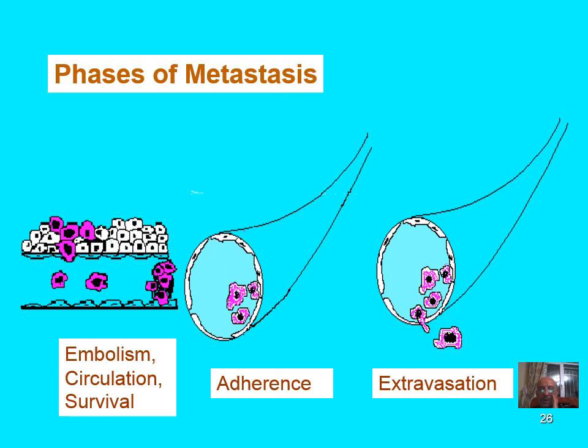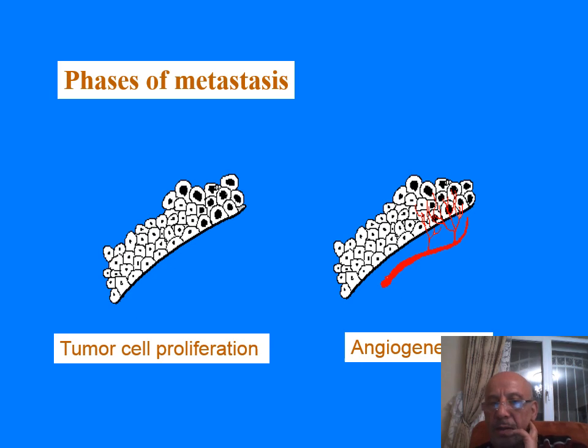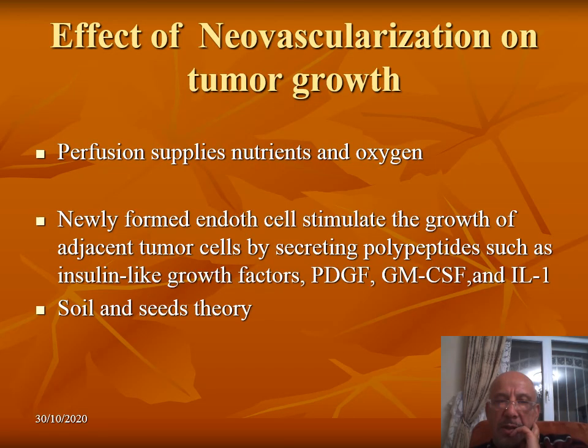As you see, it escapes into the circulation here, forming what is called a malignant embolus, and it will go through these vessels until it is impacted here, where the size of the embolus is more than the diameter of the vessel. So they will stay here, adhere to the wall, and start to escape from inside the blood vessels into the surrounding tissue, and they will start again, by the process of angiogenesis, forming new blood vessels.